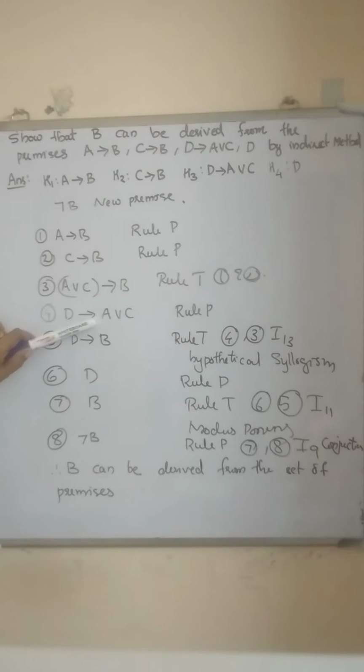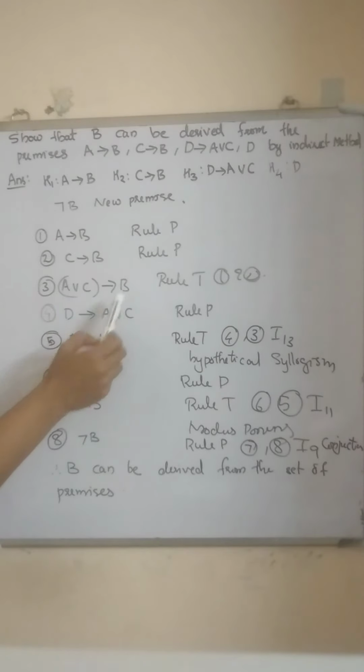Then D conditional A or C, the third premise, is introduced, so it is rule P. D conditional B from 4 and 3: 4 is D conditional A or C and 3 is A or C conditional B. So by hypothetical syllogism, it implies D conditional B.